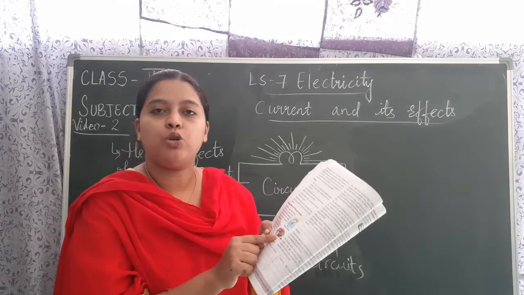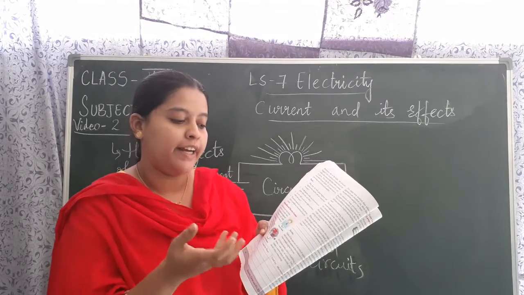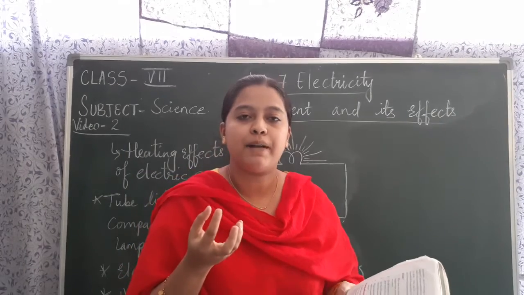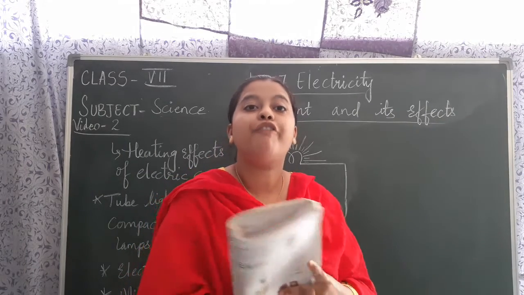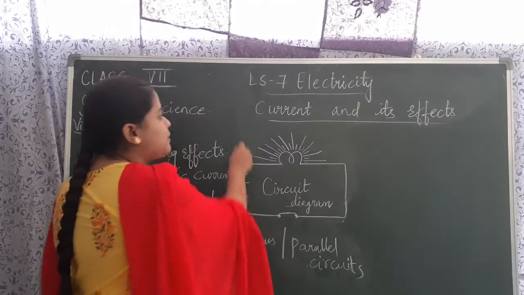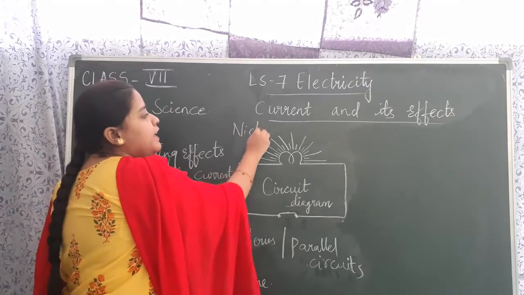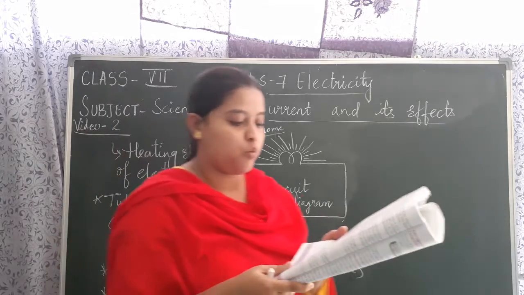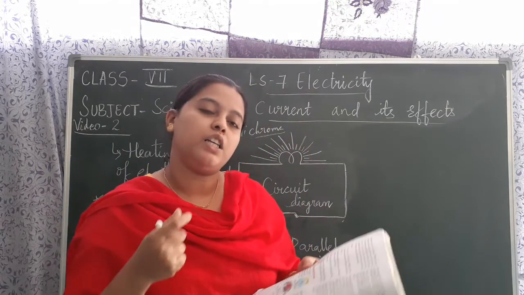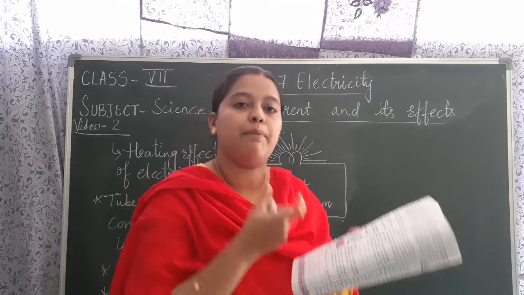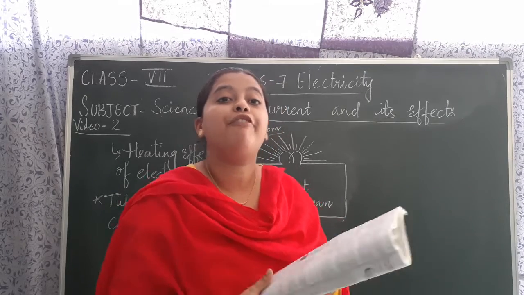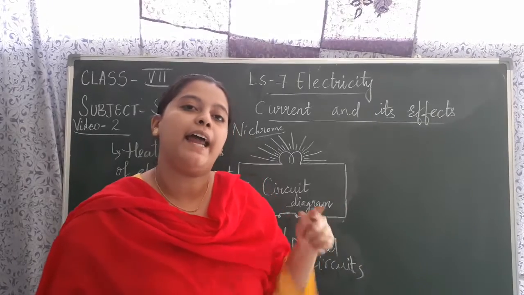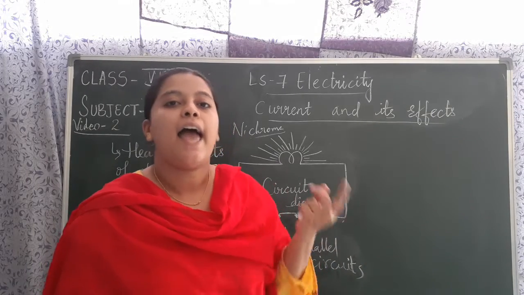Usually in this cooker or heater there is a wire, a coil, and that coil is made up of a substance known as nichrome. It is like a filament, and this filament heats up the electric heaters, electric cookers and so on.